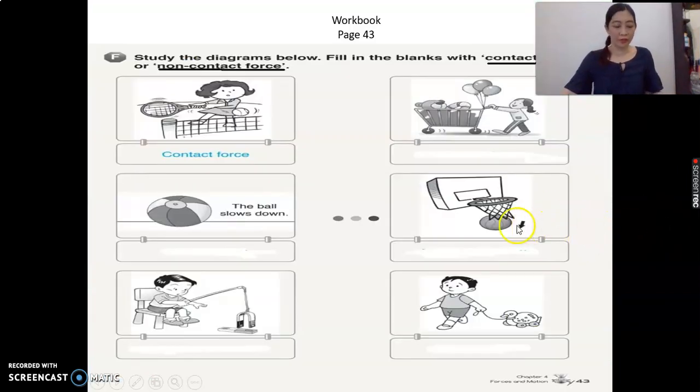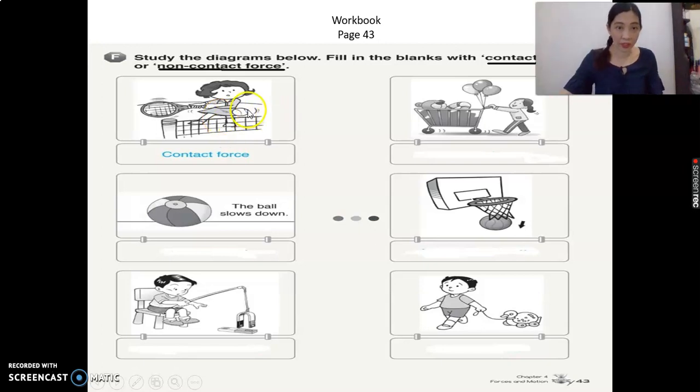So now I hope you understand our topic for today. Please open your book, page number 43, and answer contact force or non-contact force.